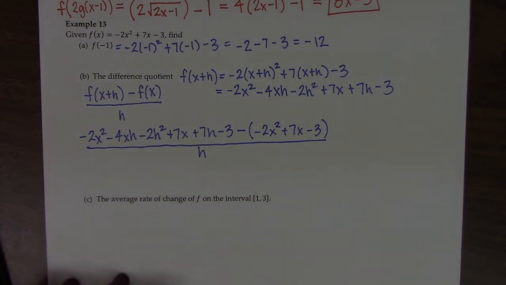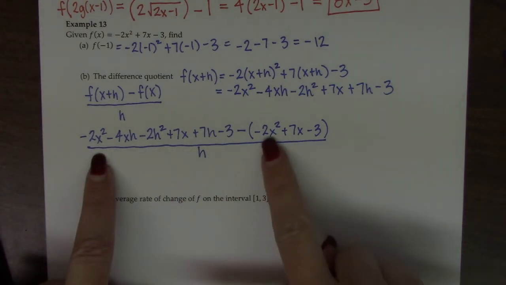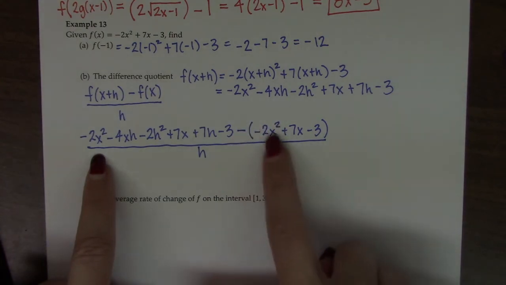So what should be happening here, right, is we should be able to combine some like terms. And if you've done your algebra correctly, hopefully every term in the numerator without an h should disappear. So let's see if this is going to happen. So negative 2x squared, well down here I have a minus 2x squared. So this is actually positive 2x squared.